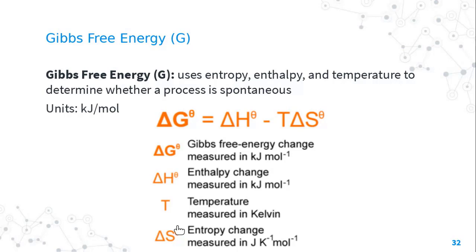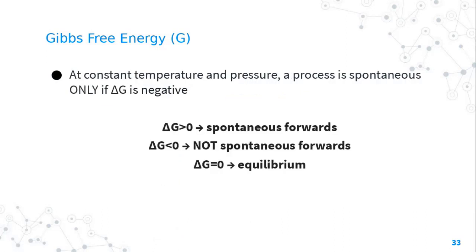This matters because our delta S unit has Kelvin in it. So if they give you a temperature in Celsius, don't make the mistake of putting that straight into the formula. What's the difference? We'll get to that later. Good question. That's coming up. So definitely make sure that you put your temperature into Kelvin before you use this equation, because otherwise you'll get the wrong number.